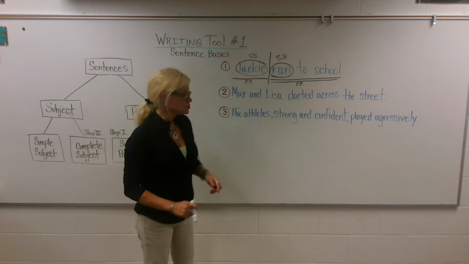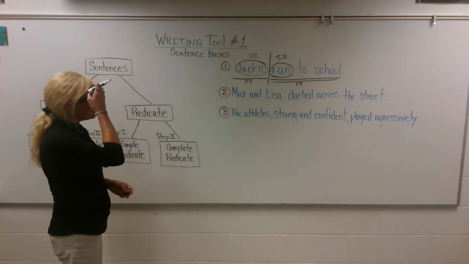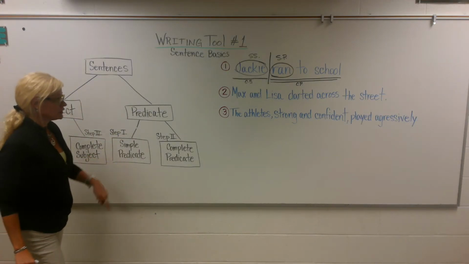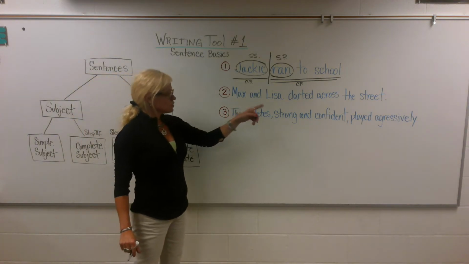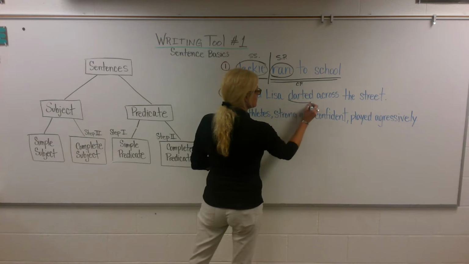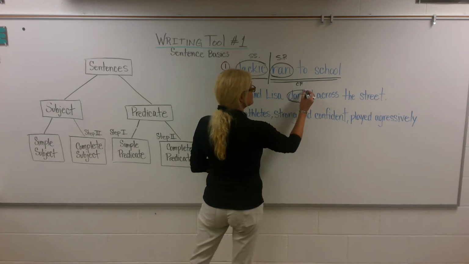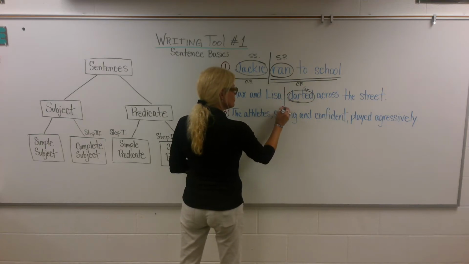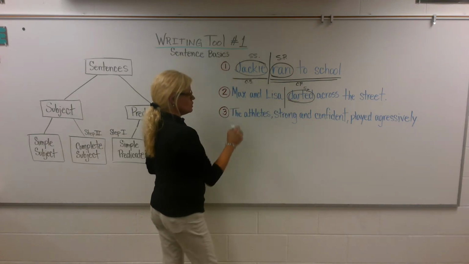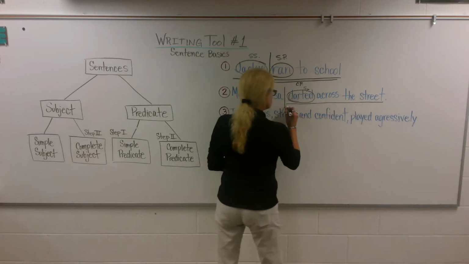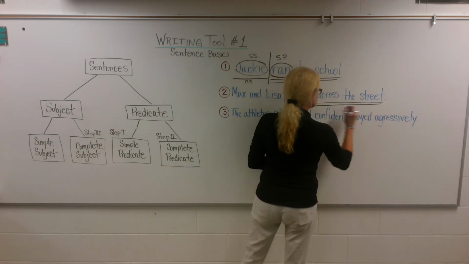Let's look at sentence number 2. So we are going to follow this same process. We're going to begin with identifying our simple predicate. Max and Lisa darted across the street. The action in this case is darted. This is our simple predicate. We've identified it, so we put a vertical line in front of that, and we know that everything after that is the complete predicate, okay?